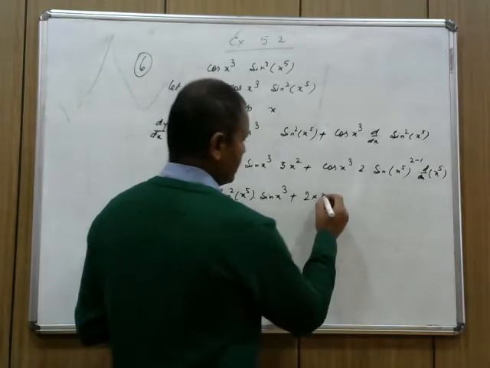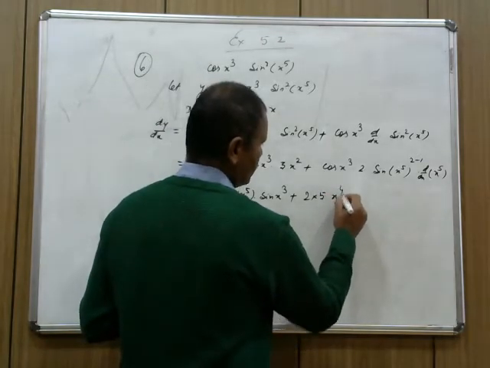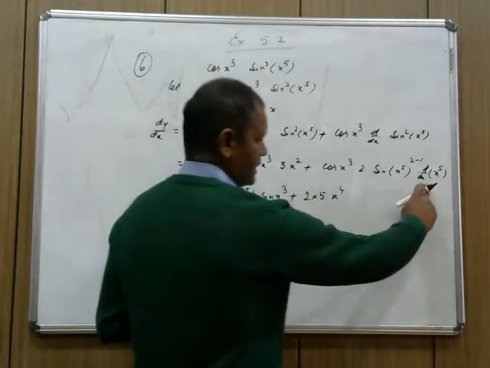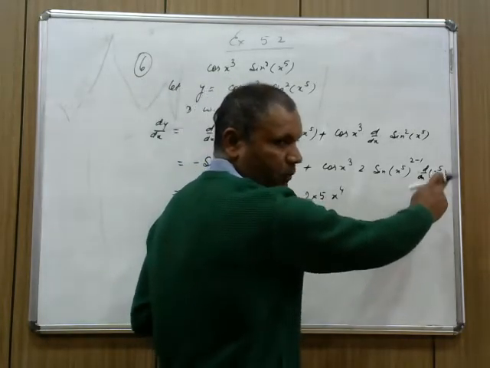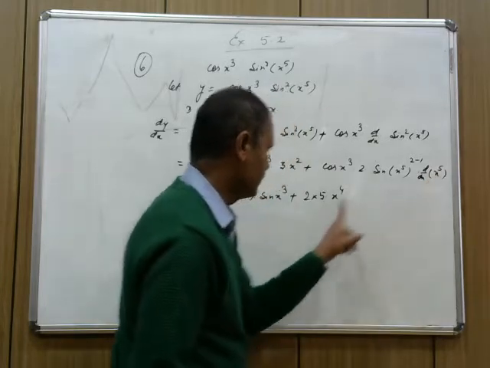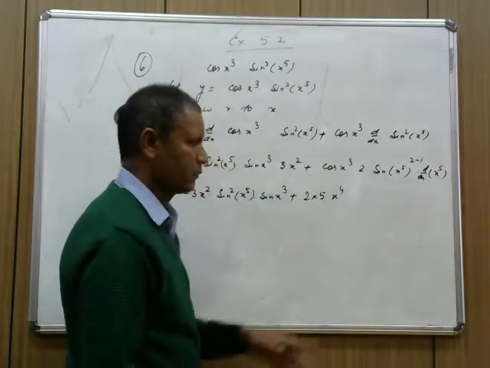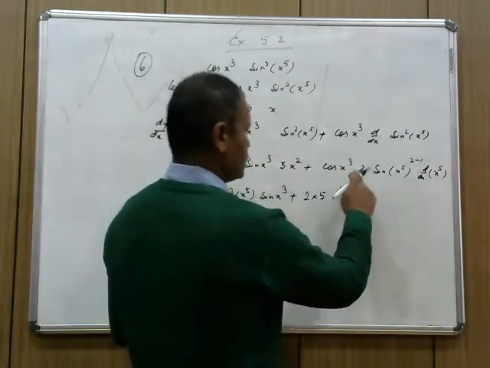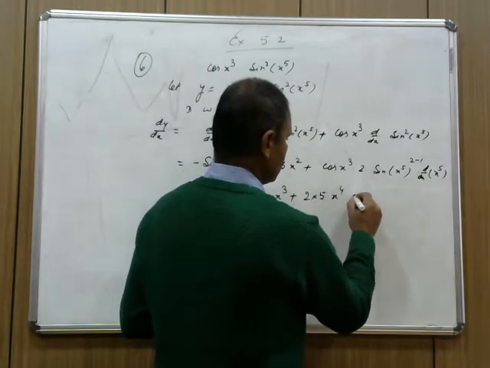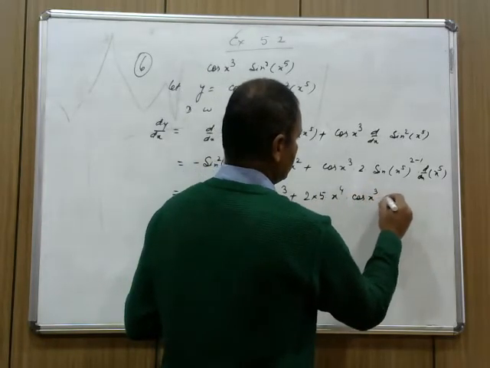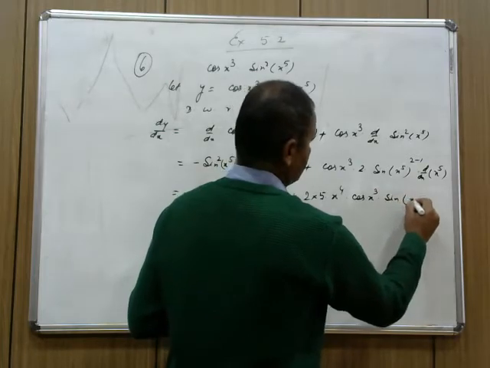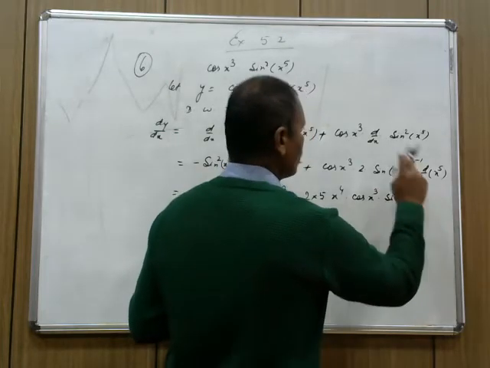Differentiation of x to the power 5 is power into function to the power minus 1, 5x to the power 4. 2 I have already written, now I am left with cos x cube into sine x to the power 5 to the power 1.